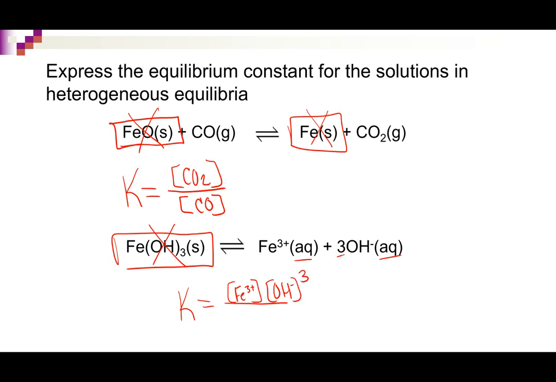Don't forget to cube that. And then for our reactants, we don't have any reactants, so we could just put 1, or you could just leave it like that, either way. Okay, so that's it for that one. So that's it for K.